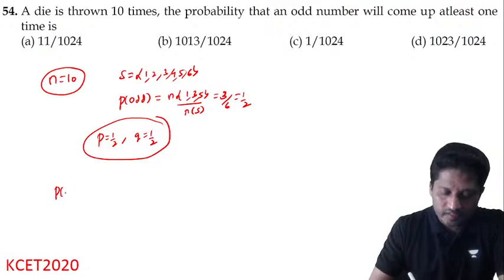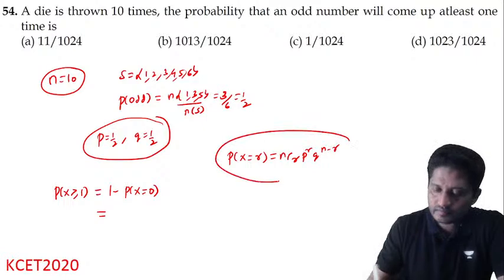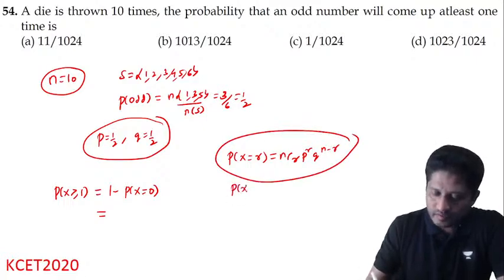The probability of x greater than or equal to 1 is equal to 1 minus P of x is equal to 0. P of x is equal to r is equal to nCr p power r and q to the power of n minus r. Now P of x is equal to 0 will be 10C0 p power r and q to the power of n minus r, that is 10 minus 0.